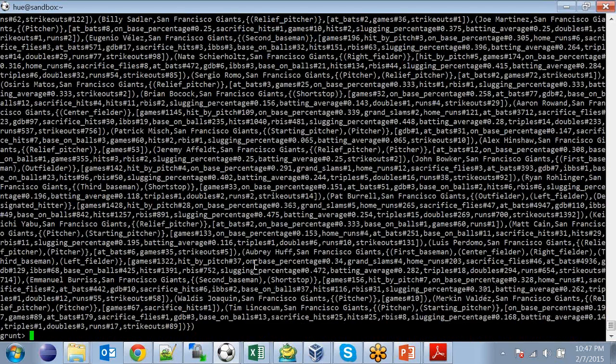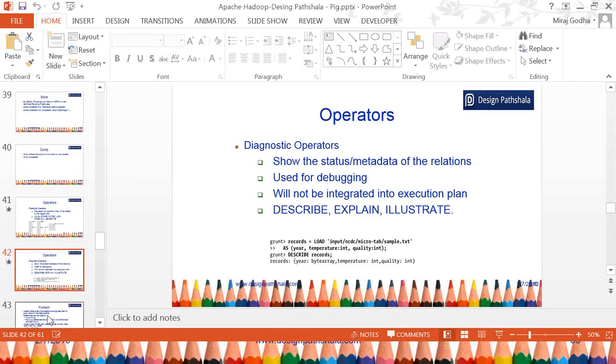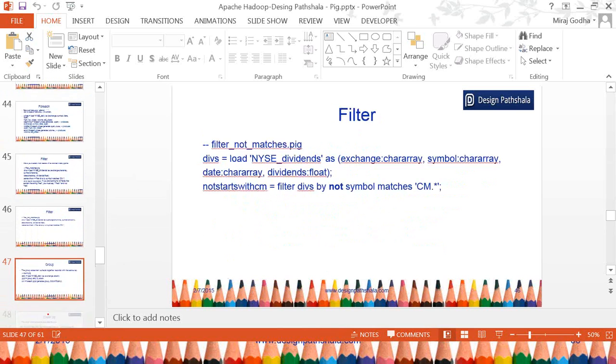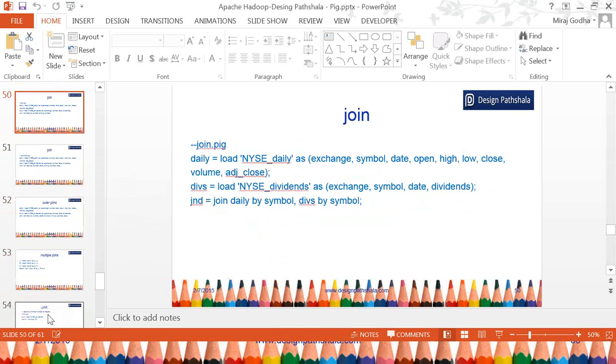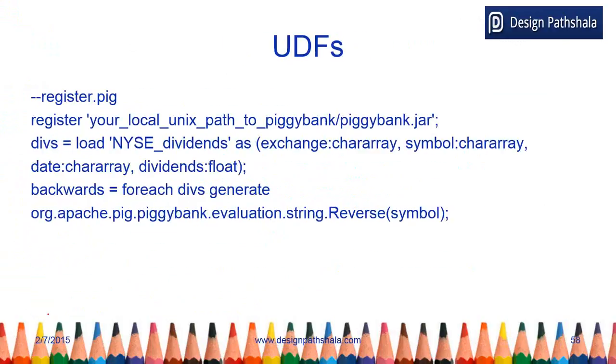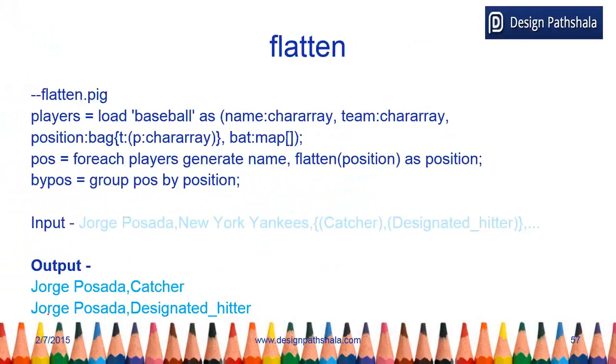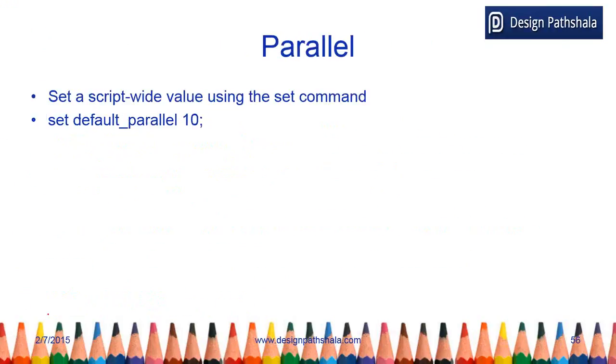Okay, we forgot to take a break. Let's complete Pig, then take a break. I think I forgot to take the break today. So there's nothing much more left over here. Let me see how much is left. There are a few more, I think. No, 1 minute. Okay, only the flatten part and UDF part.